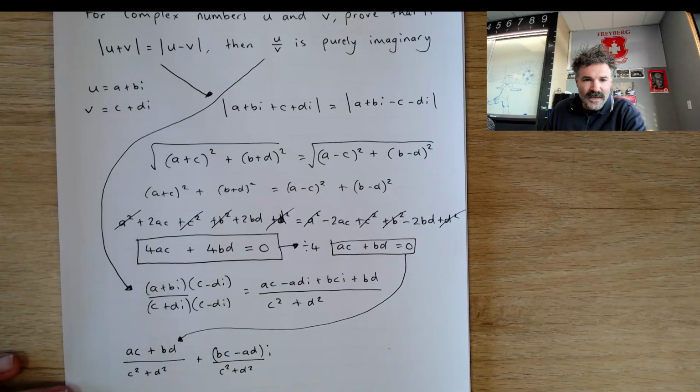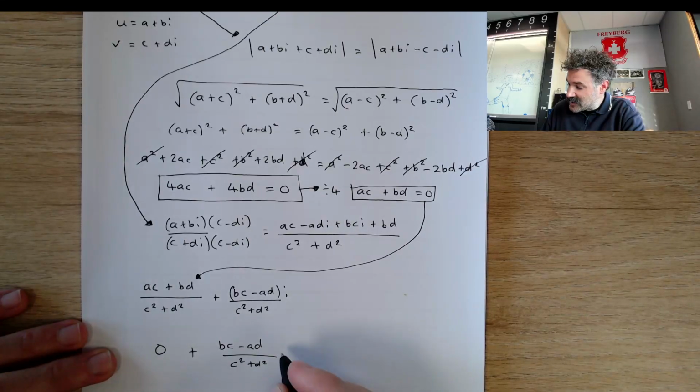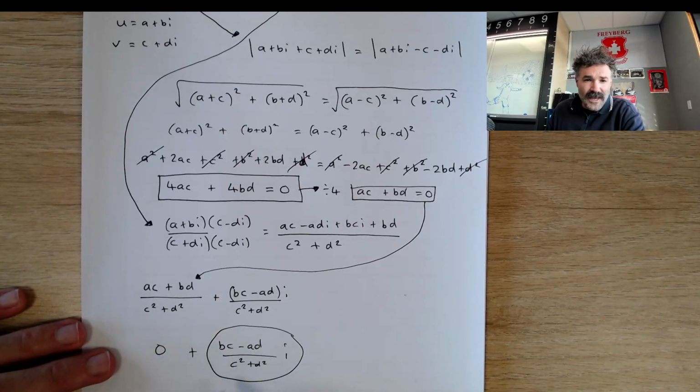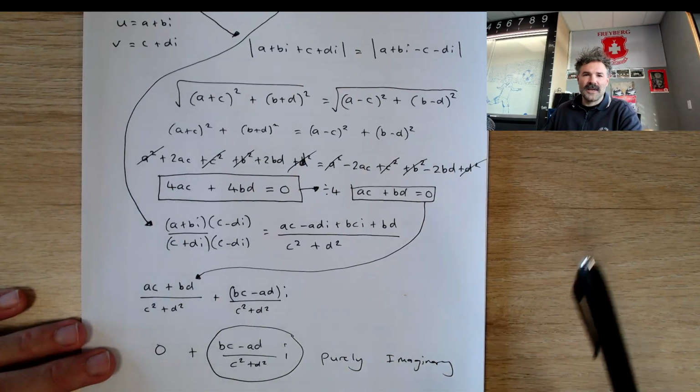So really what that is saying is that this is now 0 over c squared plus d squared, plus bc minus ad over c squared plus d squared, and this is i. This whole thing is my i term. 0 plus that means it's only i, which means it's purely imaginary.